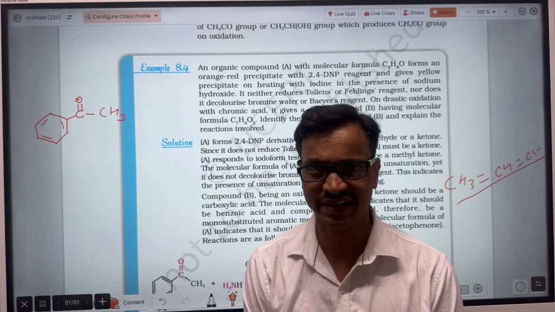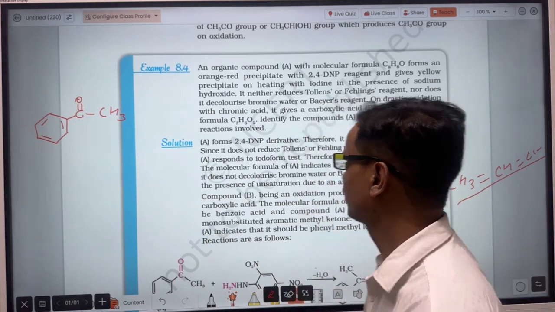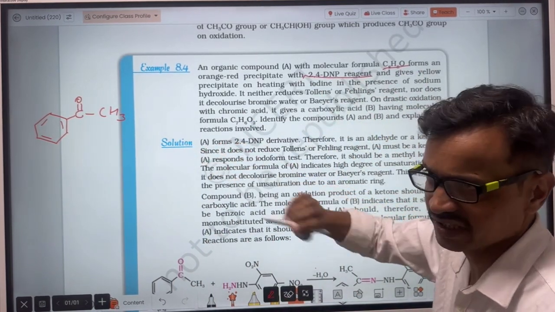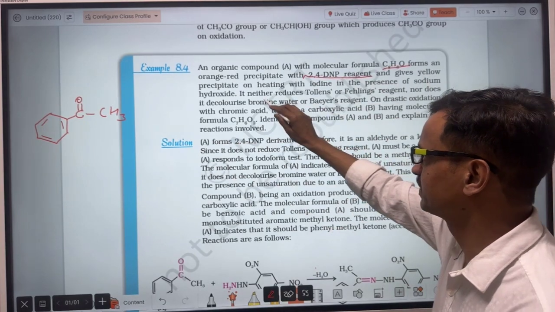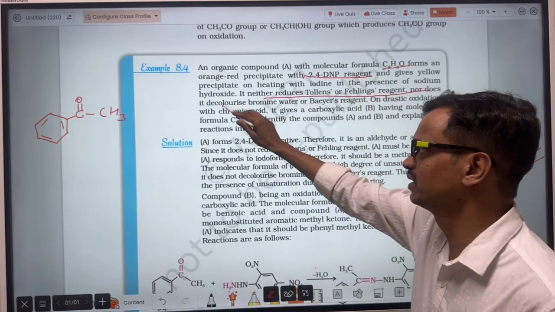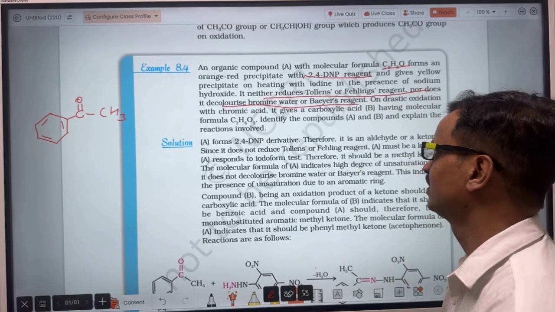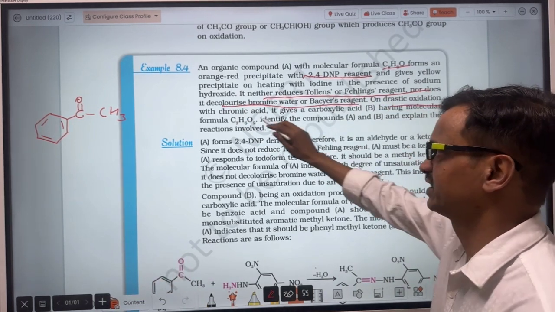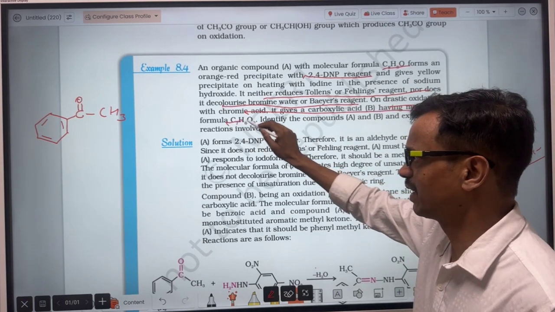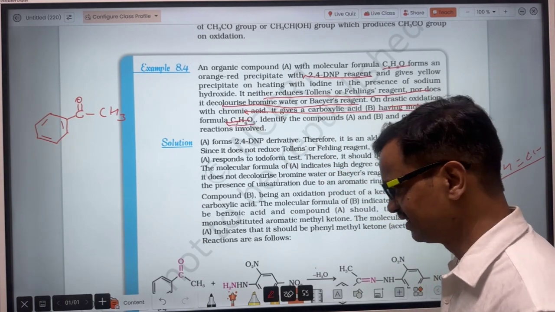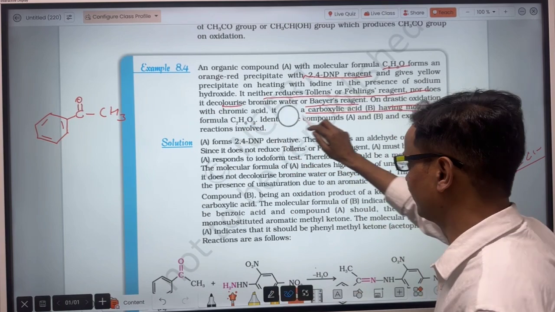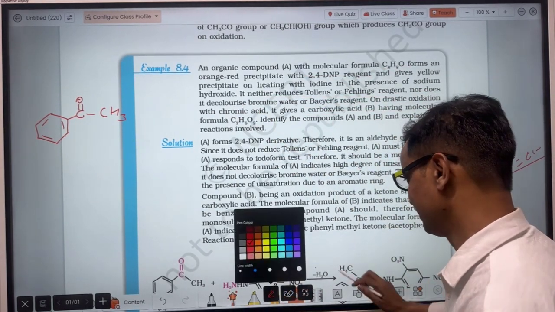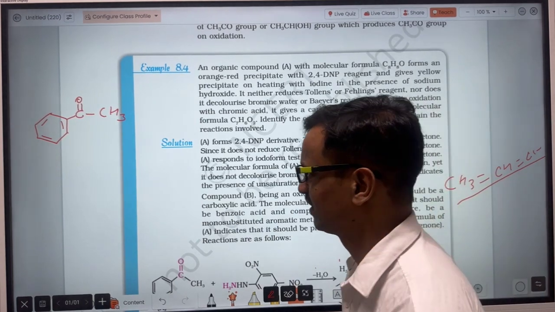But this compound is already fulfilling the molecular formula, and it reacts with 2,4-DNP reagent. It also does not react with Tollens reagent, Fehling solution, or bromine water or Baeyer's reagent, so that is verified. On drastic oxidation, whether the carboxylic acid having this formula forms or not is the doubt we have.